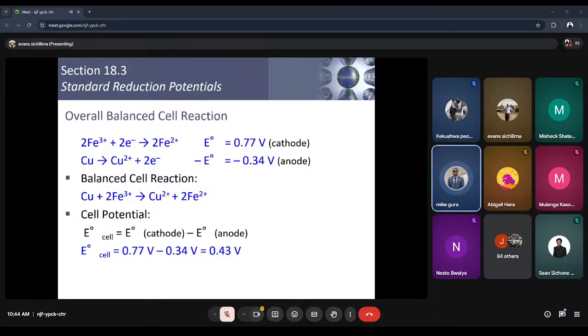It is already negative, and therefore, when we substitute it in this equation, there is no need for us to make it negative again. You will just put it as it is. So for example, you will say 0.77 minus 0.34, because you are just substituting it in this equation.